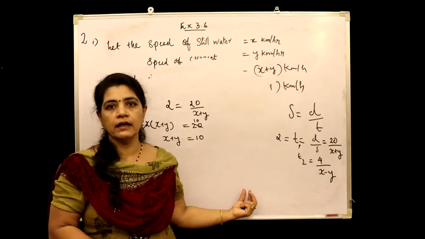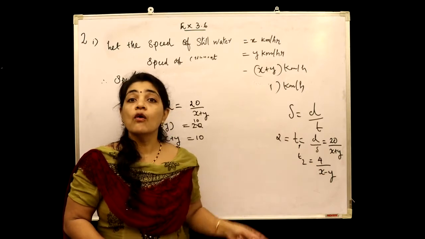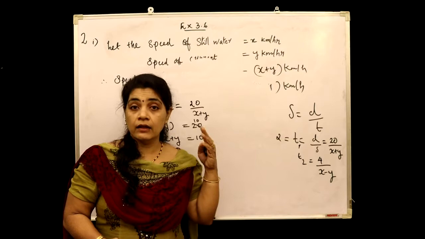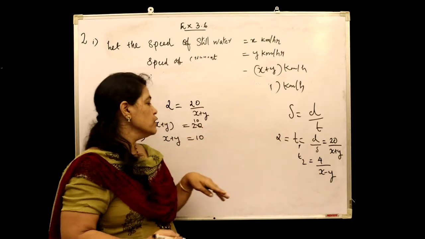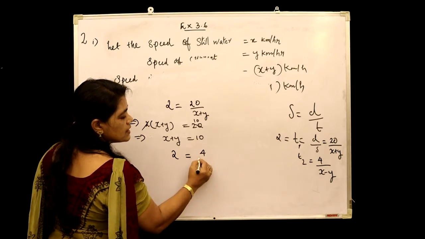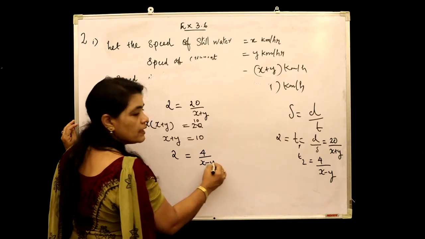Point is clear children? Okay, and from this, T2 is equal to 4 divided by x minus y, and the time taken in upstream is 2. So 2 is equal to the distance, which is 4 in upstream, divided by its speed, x minus y.